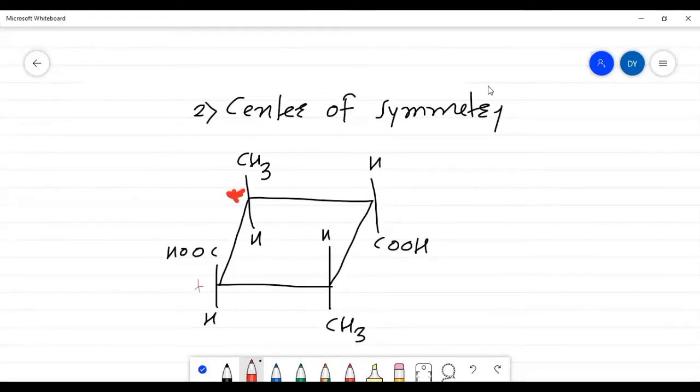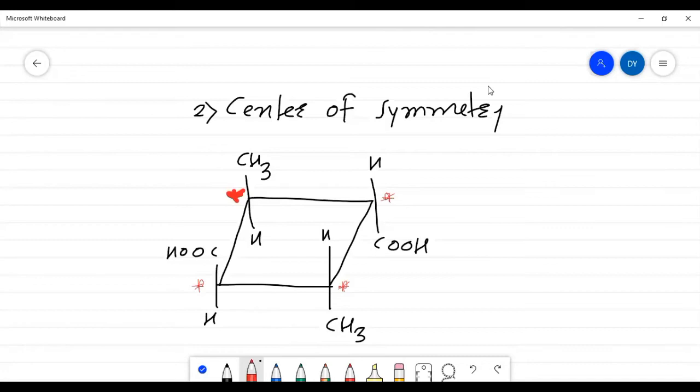This is the third chiral carbon, and this is the fourth chiral carbon. So there are four chiral carbons.